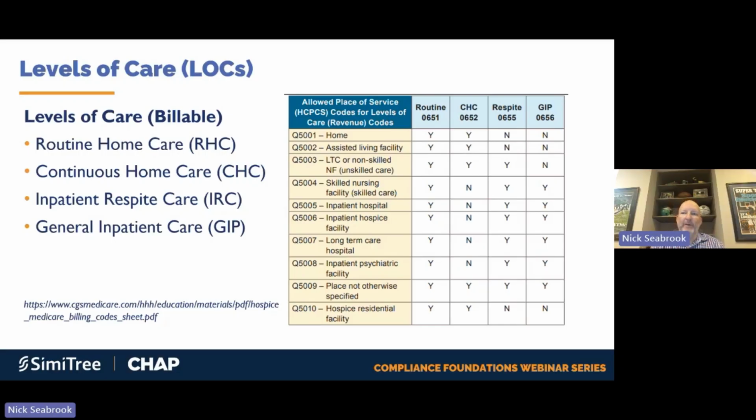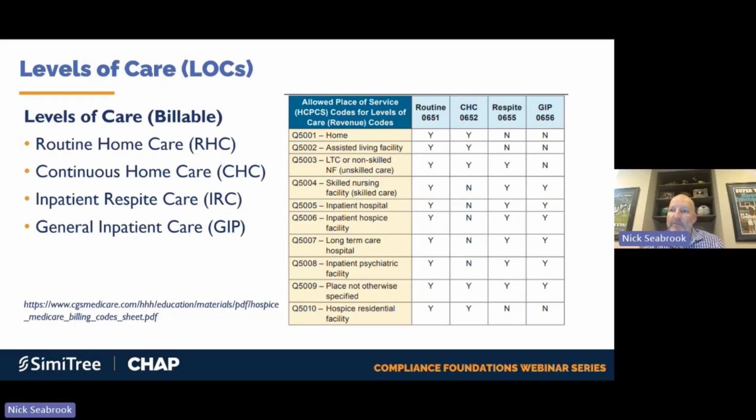As I mentioned before, respite care, GIP, that's going to be in that acute setting. So you can see here for that first one, Q5001, which is the home, the only levels of care that can be provided in the home are the routine home care or your continuous home care. In fact, the only setting you can see there, Q5009, is place not otherwise specified, which you need to specify what that place is on the actual claim itself.